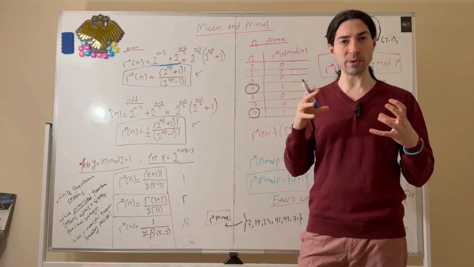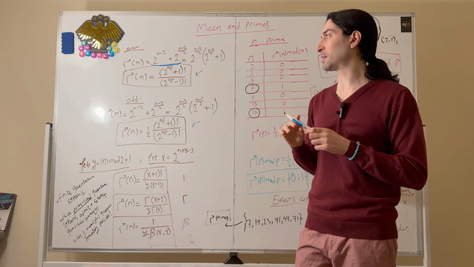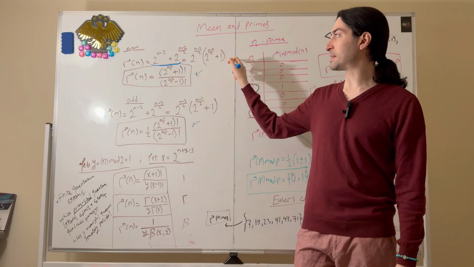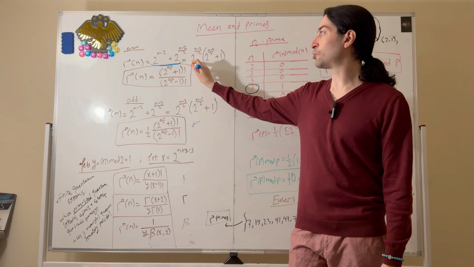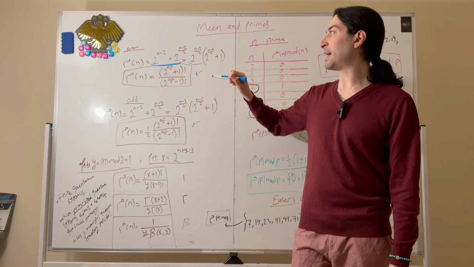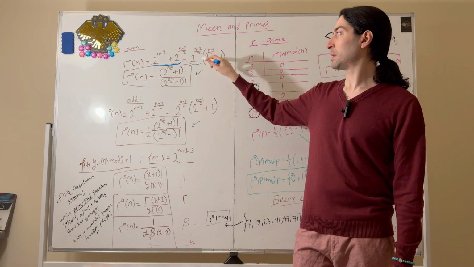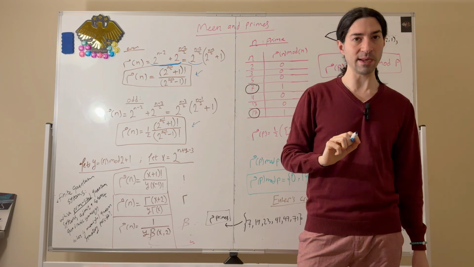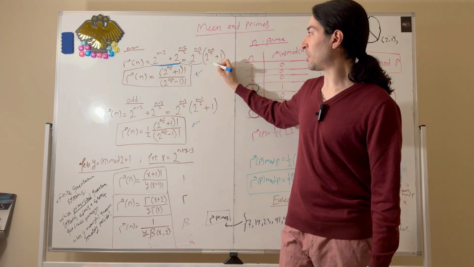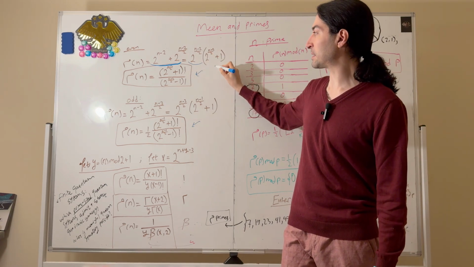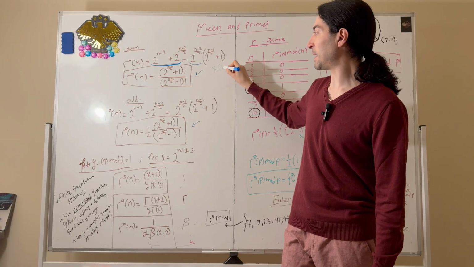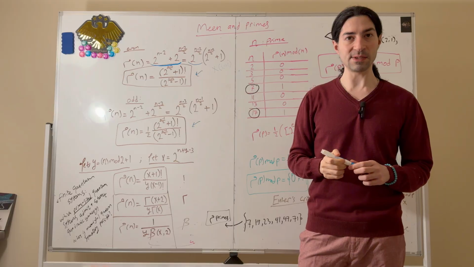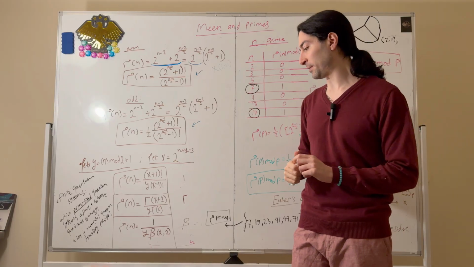When we try to merge them together, it becomes a little harder to see. We can factor this into a simpler form, which is 2 to the power of (n minus 2) over 2 times (2 to the power of (n minus 2) over 2 plus 1). If we consider this to be x, this is of the form x times (x plus 1). So it's a nice way to look at it.